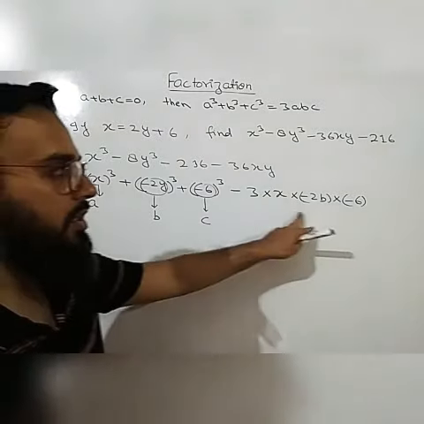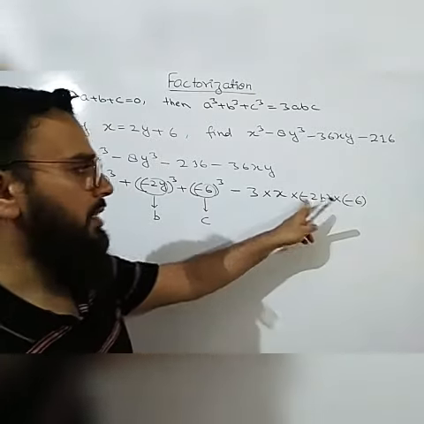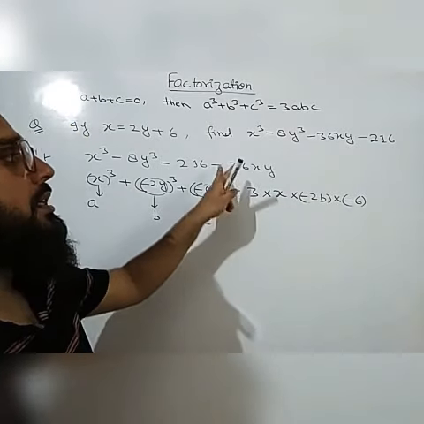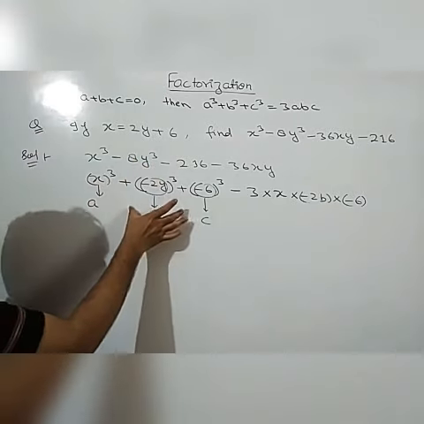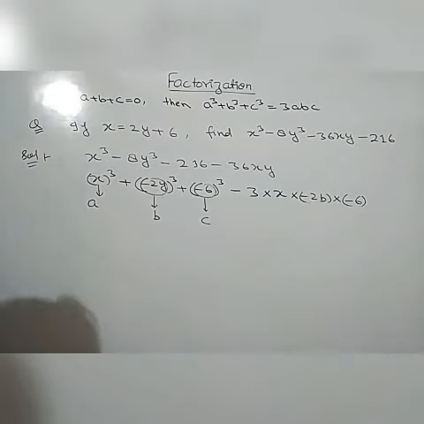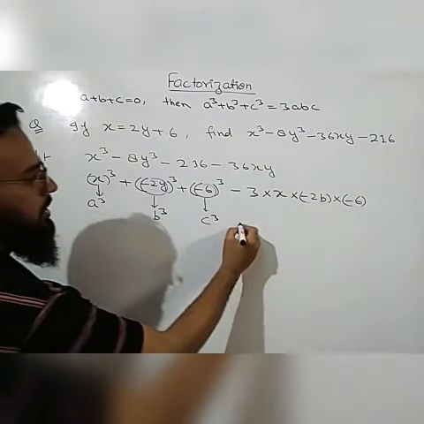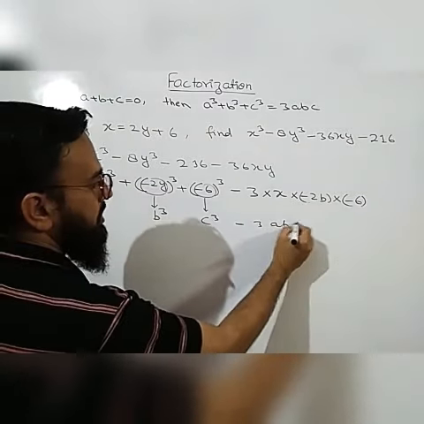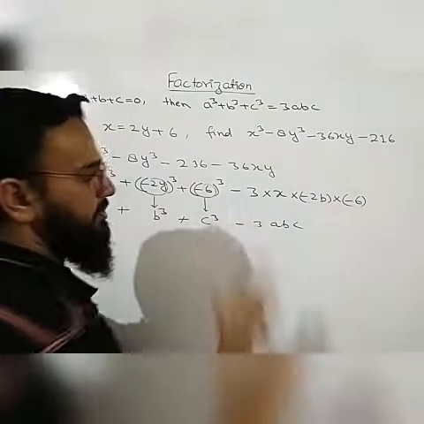If we multiply all these terms, we will get 3 times 6 is 36. This minus minus will be plus, and plus minus will be again minus, then it will be minus 36xy. It means this expression we have converted in this term. Okay, it is a cube plus b cube plus c cube minus 3abc. All these terms we have got. Okay, now we have to find the value of this particular expansion.